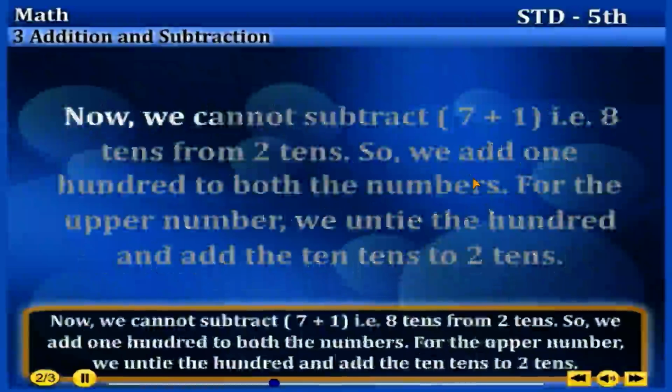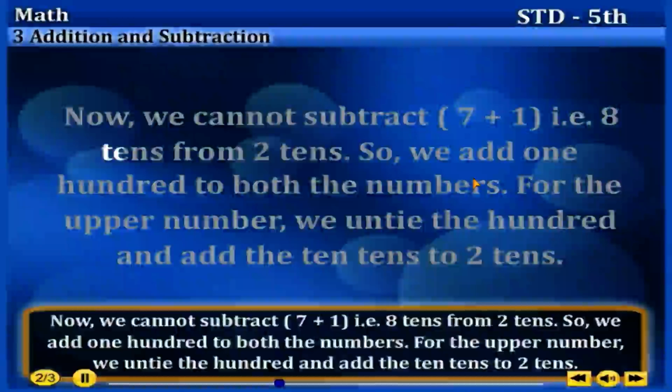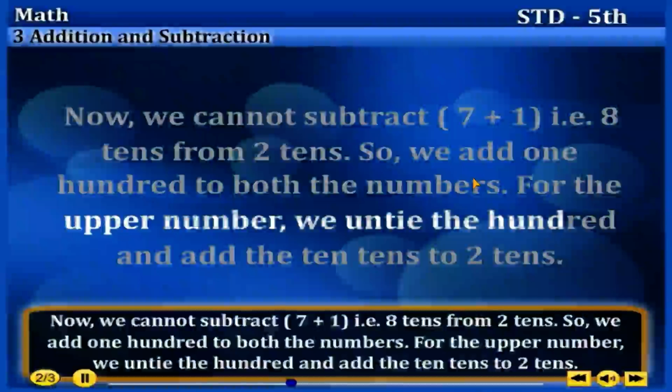Now, we cannot subtract 7 plus 1, that is 8 tens, from 2 tens. So, we add 100 to both numbers. For the upper number, we untie the 100 and add the 10 tens to 2 tens.